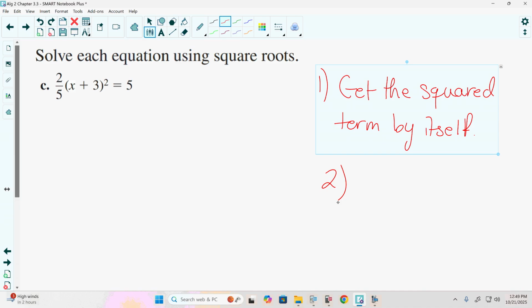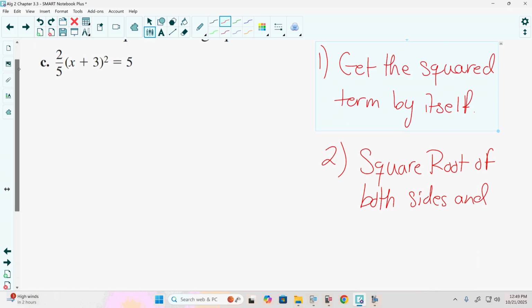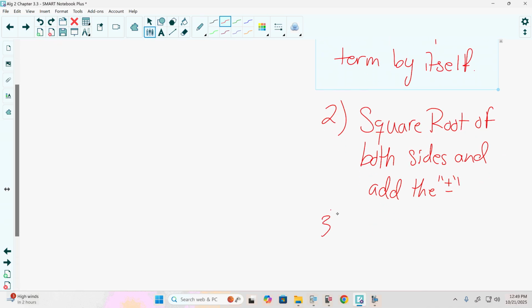And once we got the squared term by itself, we took the square root of both sides and add the plus or minus. And then our third step is to solve for the variable. So these here are our three main steps with solving by the square root method.